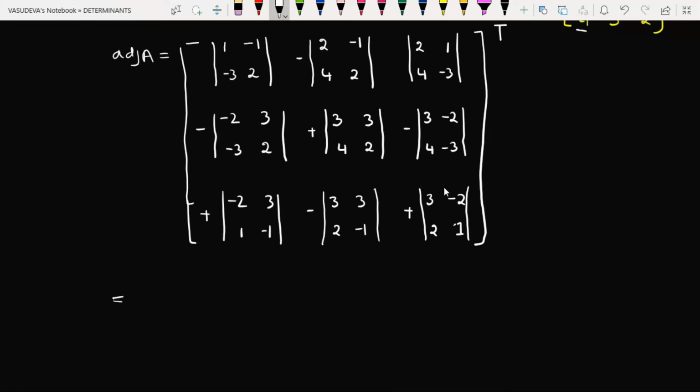Now writing clearly, simplifying, taking the expansion of the determinant, 1 into 2. So this is 2 minus 3, and minus of 4 plus 4, and plus, and minus 6 minus 4, and minus of minus 2 into 2 is minus 4 plus 9, because minus 3 into 3 is minus 9, minus of minus 9 will become plus 9.